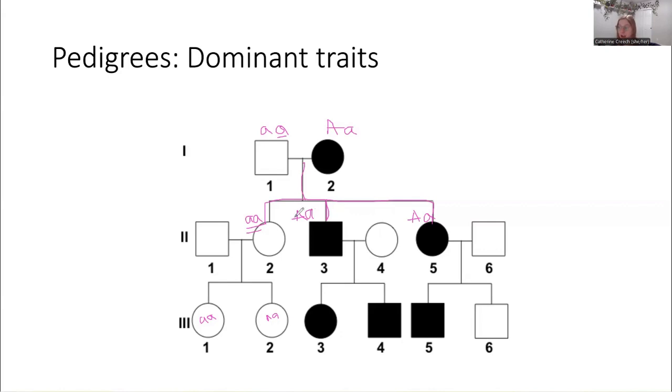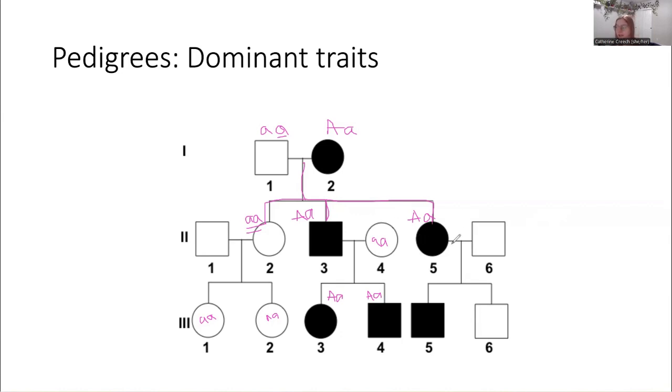Both of those kids have the trait. So they inherited that big A from their father. I know it came from their father because their mother is not expressing the trait, which means that she must be homozygous recessive, and both of their kids are going to be heterozygous.